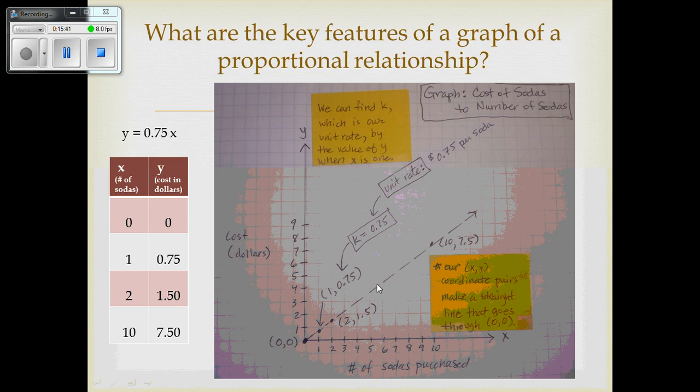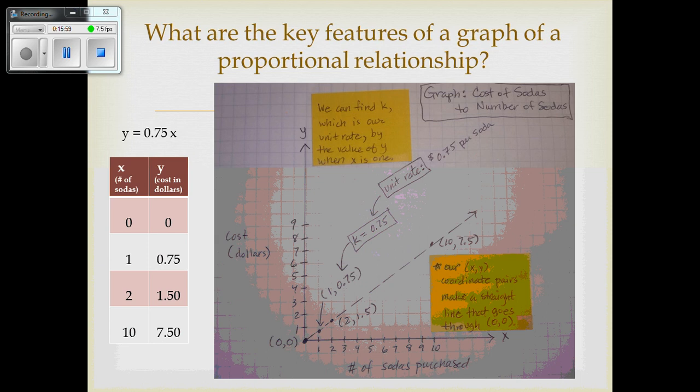What we have is a dot at 0, 0, which means that when I buy 0 sodas, it costs me $0. And then my second dot is at 1 and 0.75.